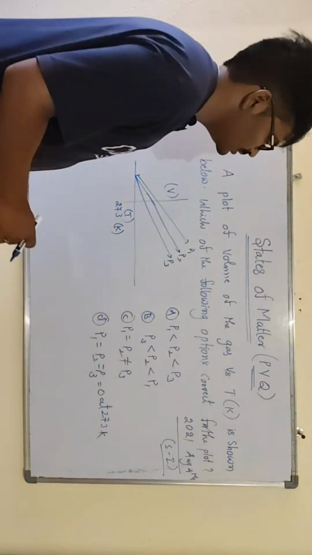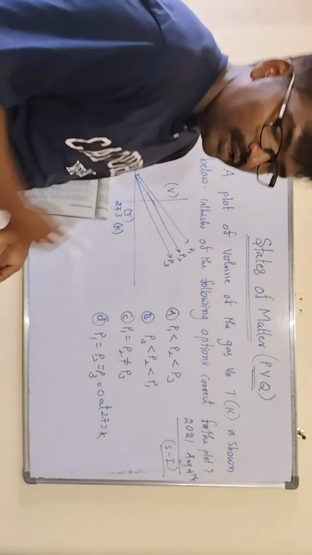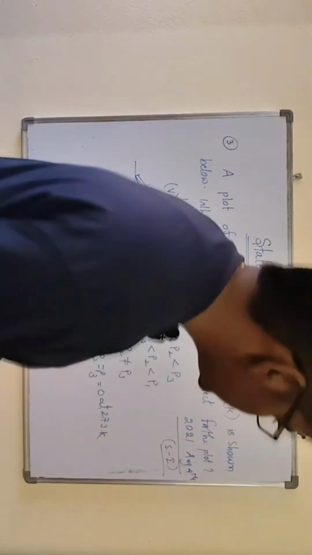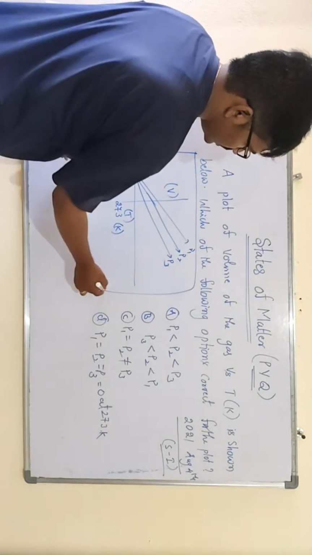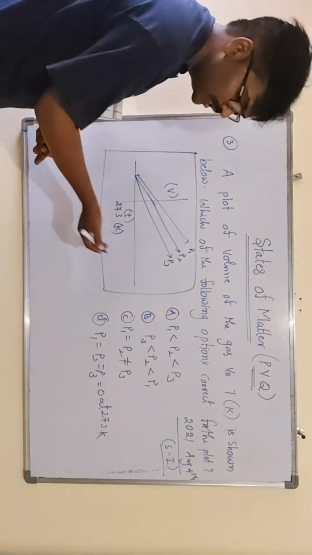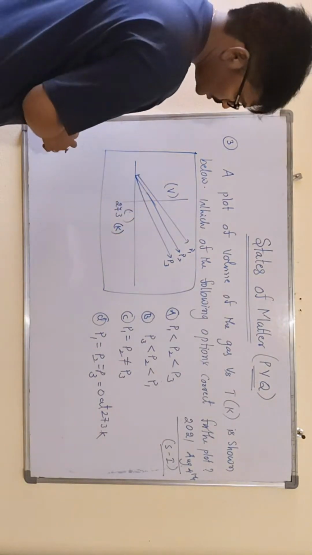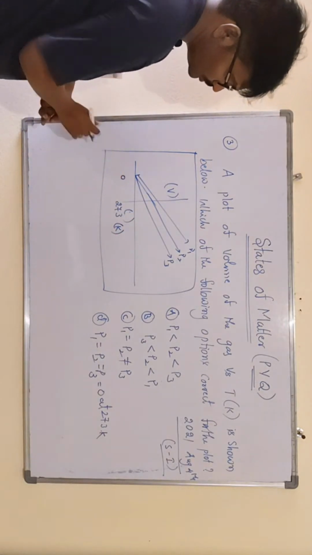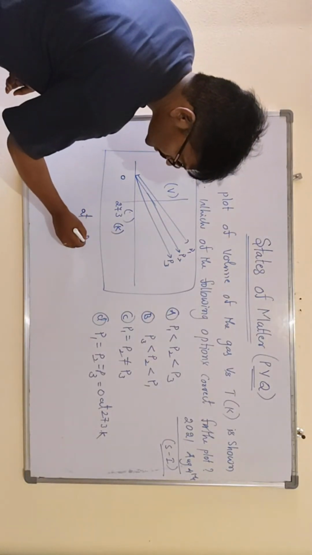So which option is correct in this? Option A is correct. Actually the graph is correct for Charles law, right? Here we took normal T and represented it in degrees Celsius. If represented in degrees Celsius, this is 0.